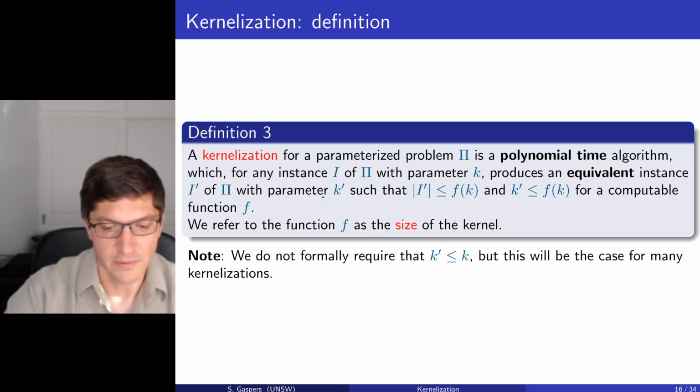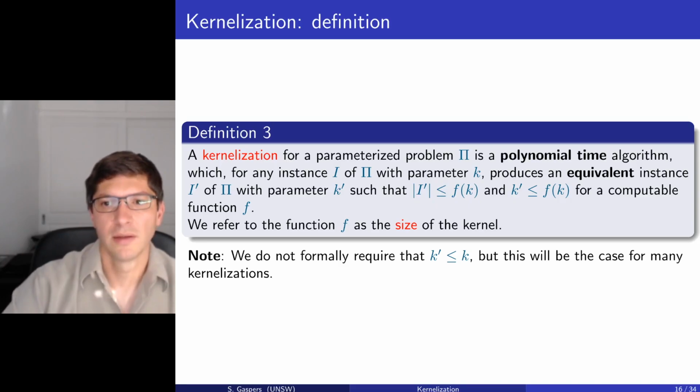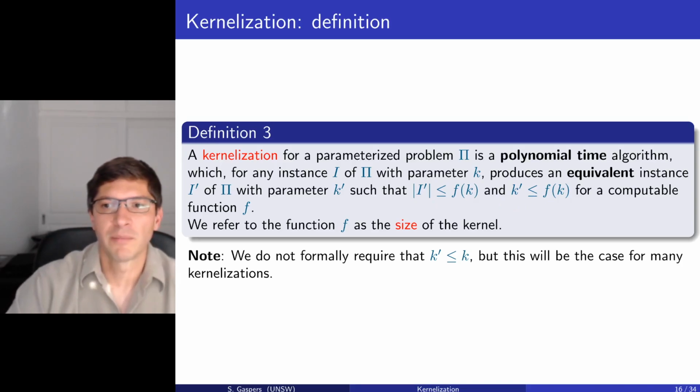And so the output instance has parameter k prime, and we need that the size of the output instance is upper bounded by a function of k. And also the resulting parameter k prime is upper bounded by a function of k for some computable function f. And so we refer to this function f as the size of the kernel.